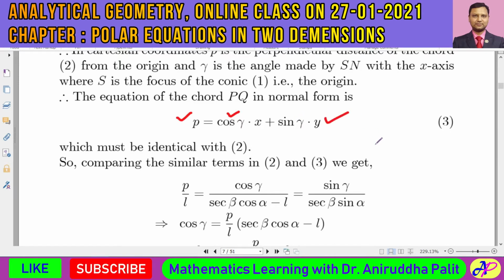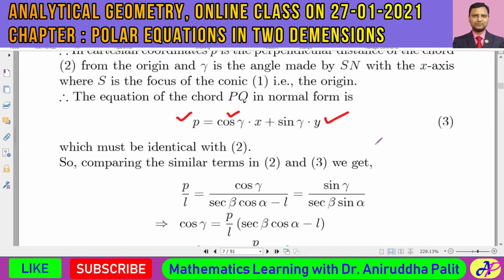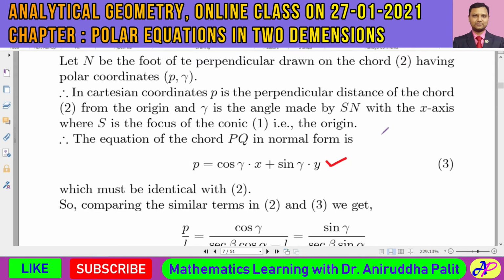So the equation of the chord PQ in normal form can be written in this way: p is equal to cos of gamma into x plus sine of gamma into y.